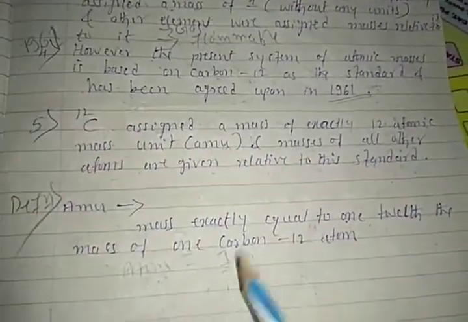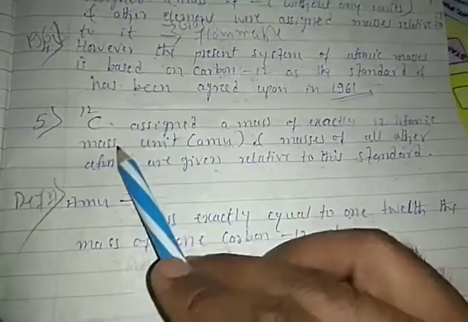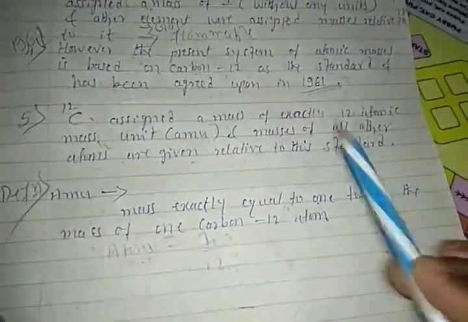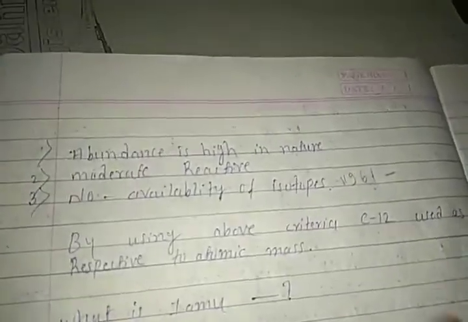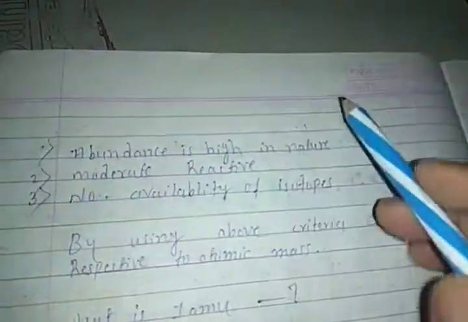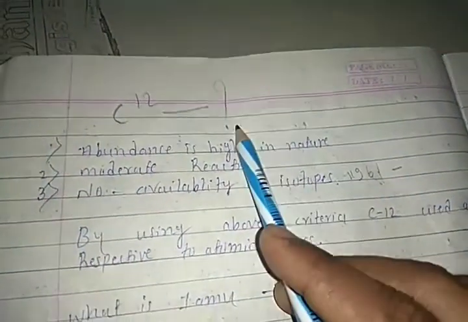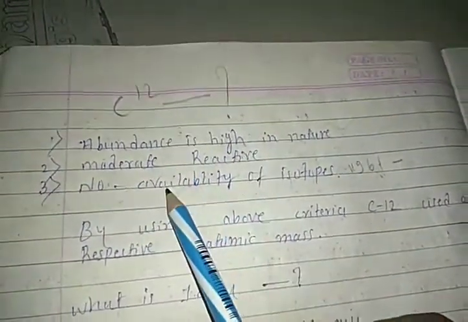Right students? So why is carbon considered a standard element? Why is carbon-12 considered the standard for atomic mass? Because of these three reasons.